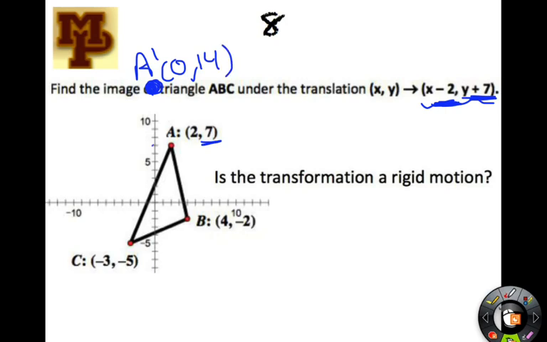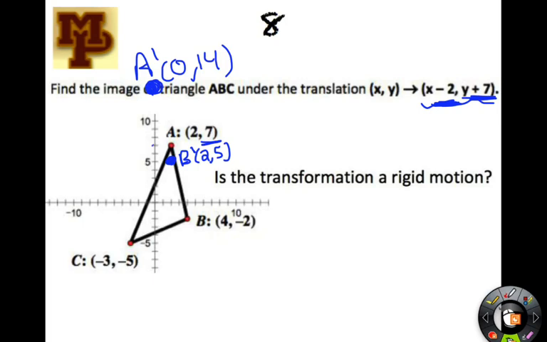Okay. Then the new point for B, it's right at 4 right now, so we'd move over to the left, so that would be 2, and then we would add 7, so if we add 7 to that, it would be right at 5. So 2, 5 is where that point would be. That's B prime, at (2, 5). And then the next point would be this -3. If we go to the left 2 units, that'll take us to -5.